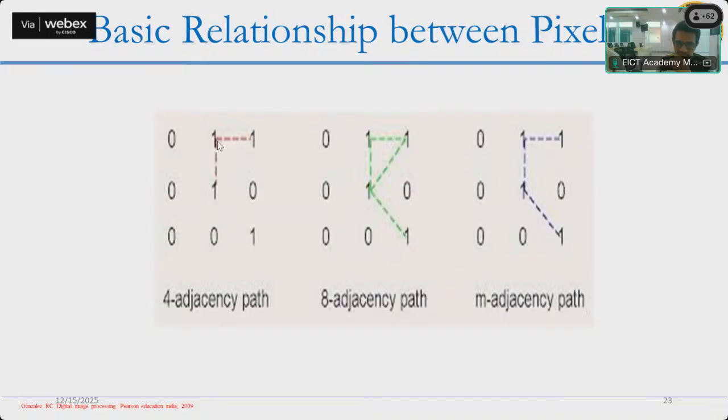For example, I want to take this neighbor and this neighbor, so 2 links are there. But when I take these 4 elements, this relation is there, this relation is there, but this extra relation is coming here, and this relation is also coming here. So in the M adjacency path, this ambiguity is avoided, and this is in the M adjacency.